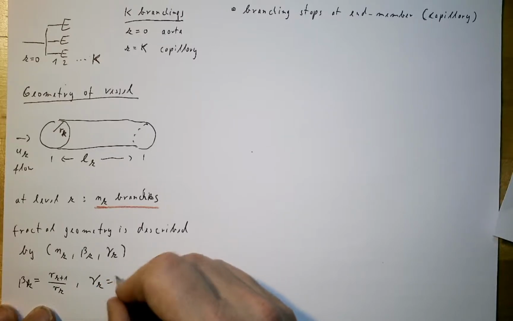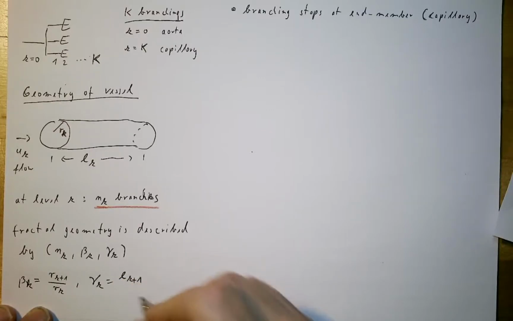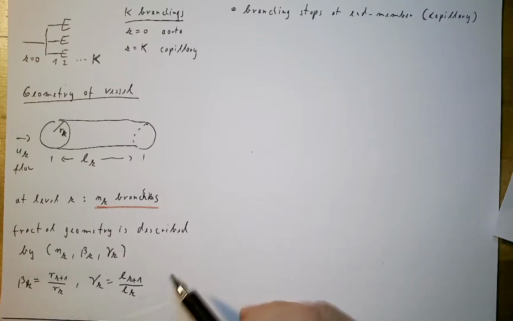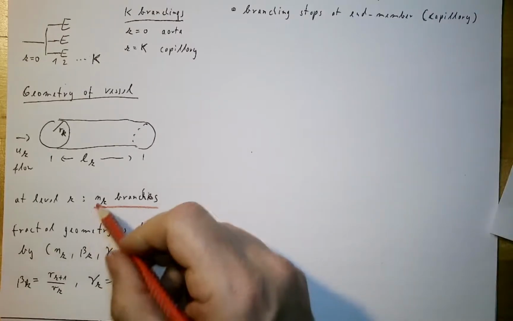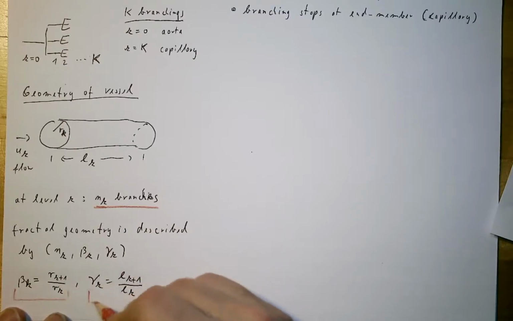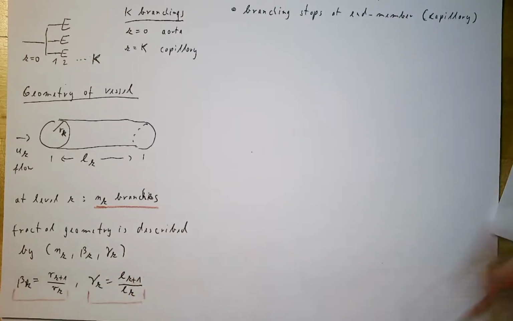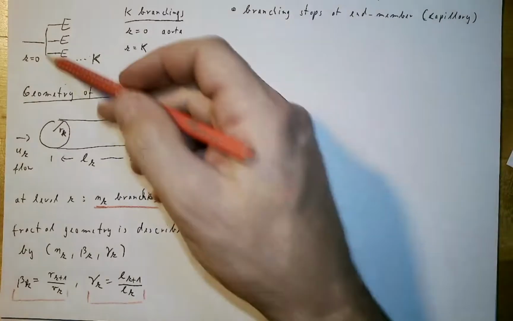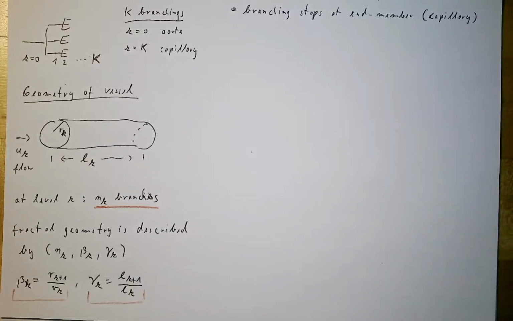So this gives us the length of the vessel at level K plus 1 divided by the length of the vessel at level K. And if we know the number of branches, we know how the radius is reduced, we know how the length is reduced, then we basically know the geometry of our system.